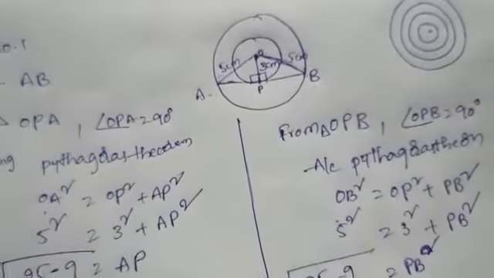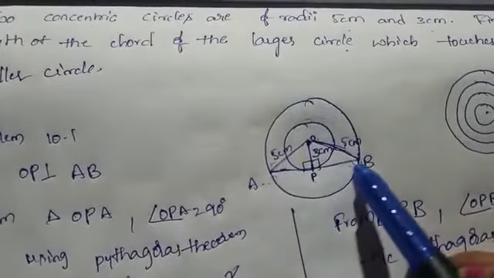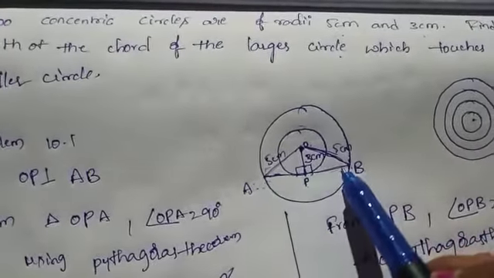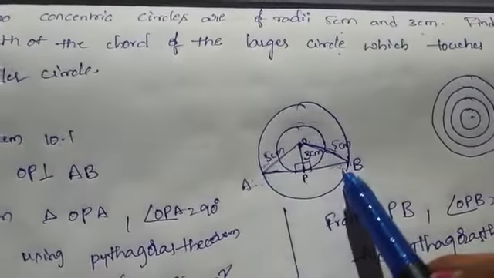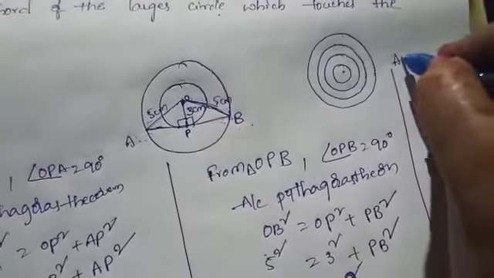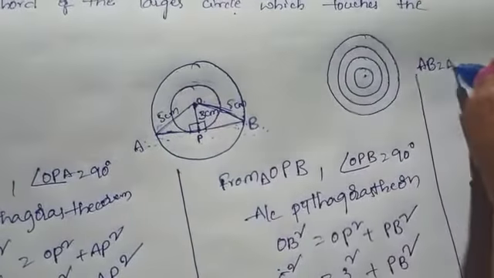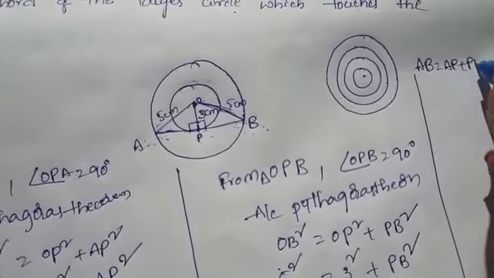Here we have to find the chord of the larger circle. It means AB length. AB equal to AP plus PB.